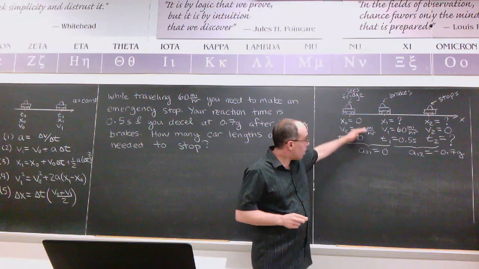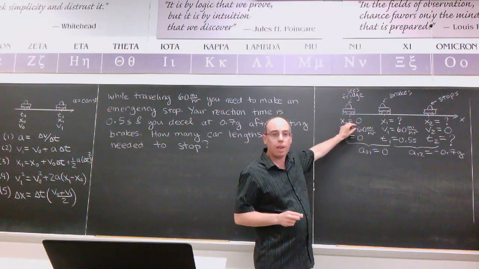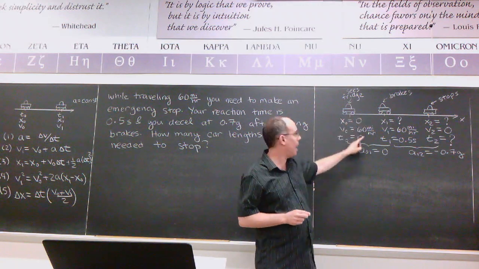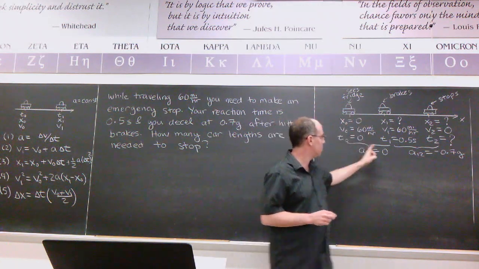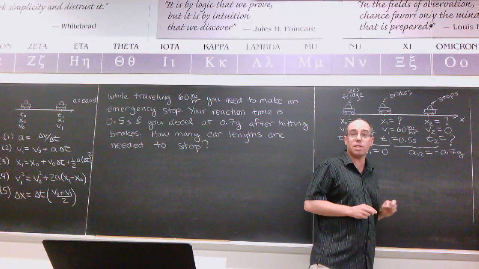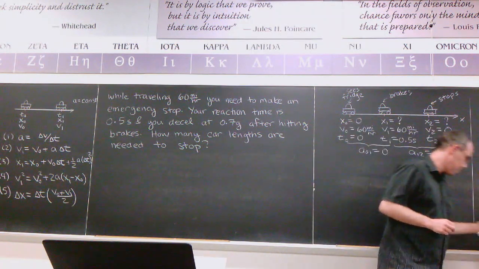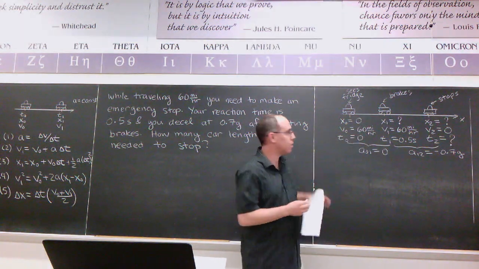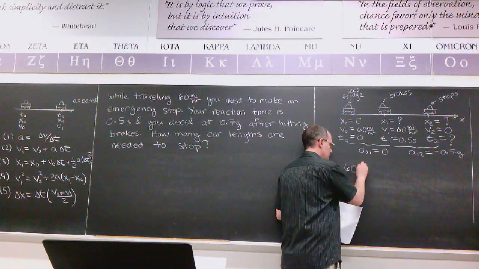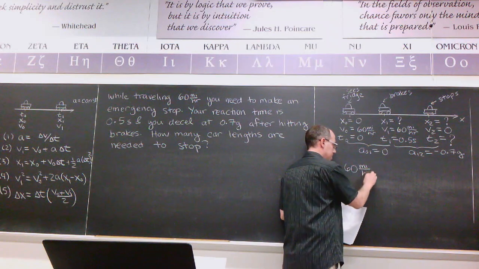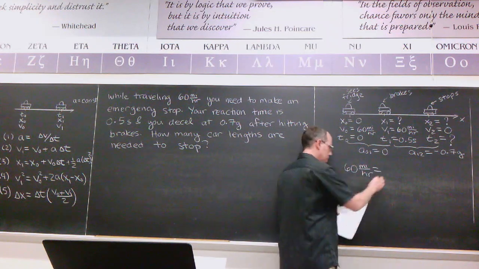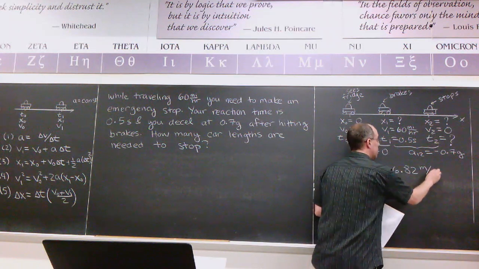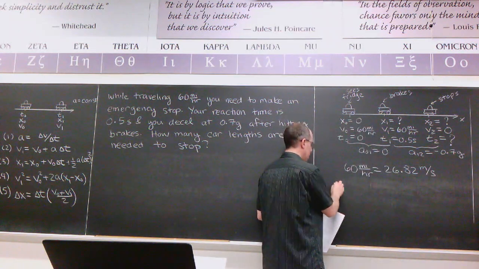Okay, now before we proceed with the calculation, we might want to have clean numerical values in MKS for 60 miles per hour and for 0.7 g here. Okay, so leaving this conversion as an exercise, 60 miles per hour is 26.82 meters per second, right?